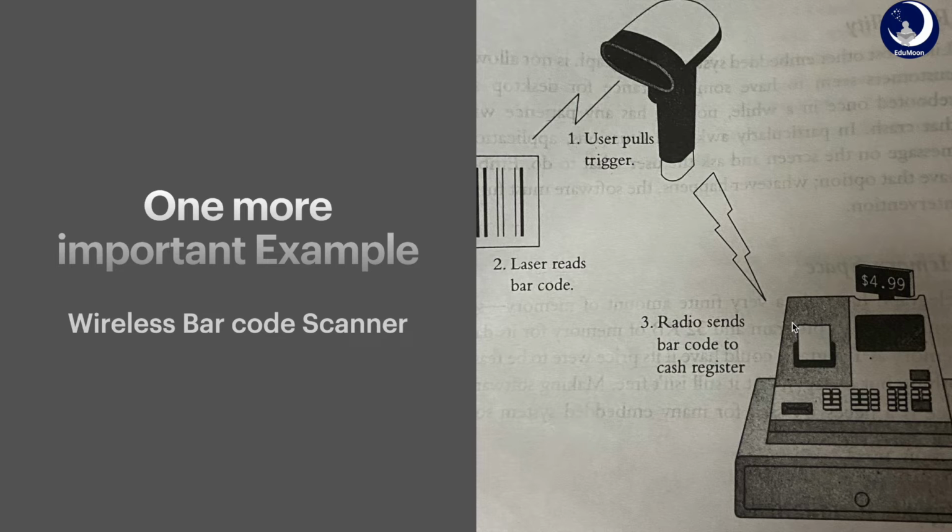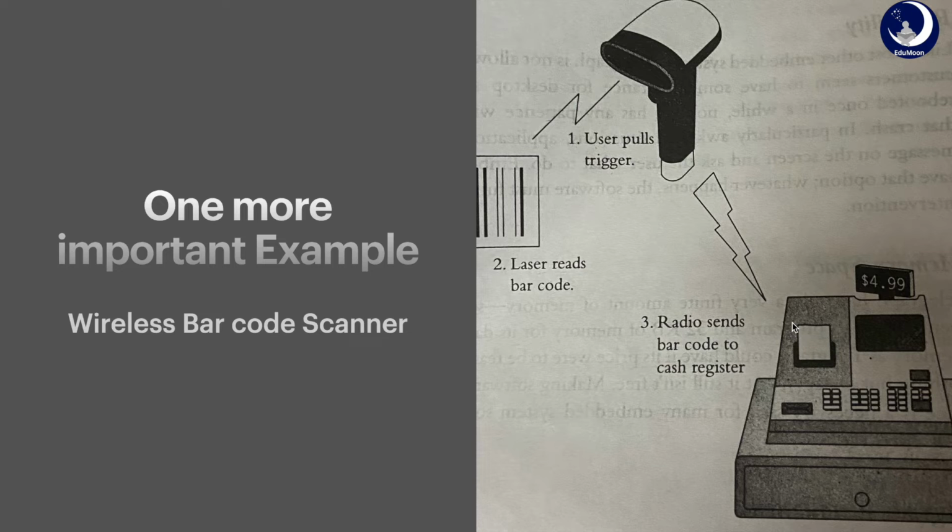One thing, if I can compare a wireless barcode scanner and a telegraph, the cordless barcode scanner has one problem that the telegraph does not have. So say for example, I can say the problem of throughput. The problem of throughput. What do I mean by throughput?